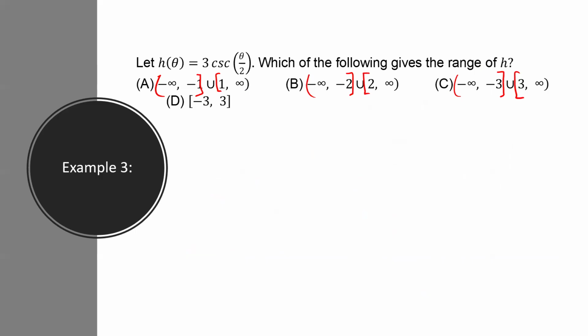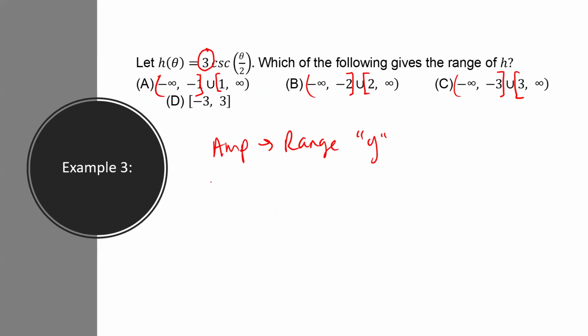Your midline is a shift to your y, and your amplitude is a change to your y. Agreed? Okay, so what is our amp? 3. Your amp is a direct effect on your y. It affects your x too, but your amp is going to affect your range, your y.